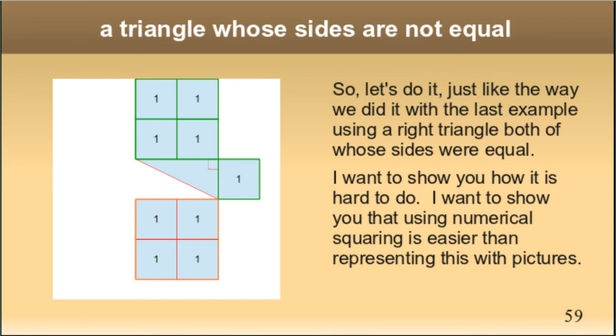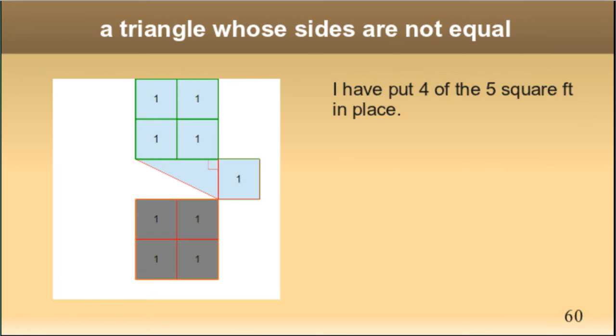And the point of this is that numerical squaring always works. Using arithmetic and algebra and multiplication, squaring and square roots, that always works. A picture is hard to do. In the real world of laying tiles, it doesn't come out, and I'm going to show you.